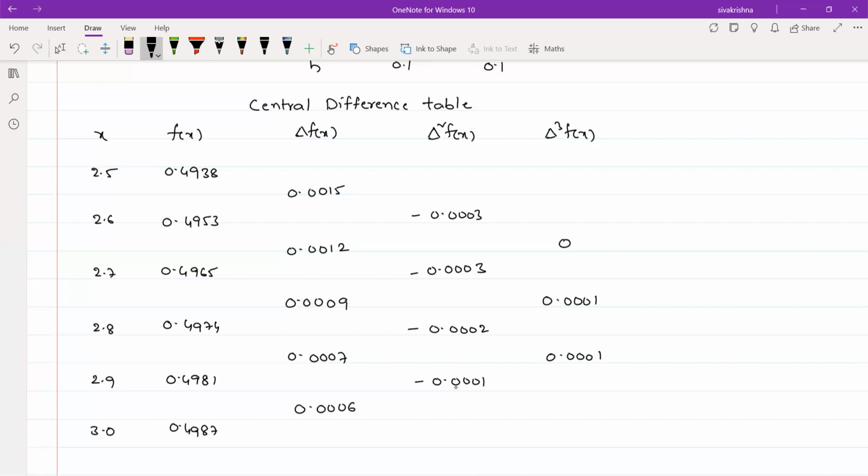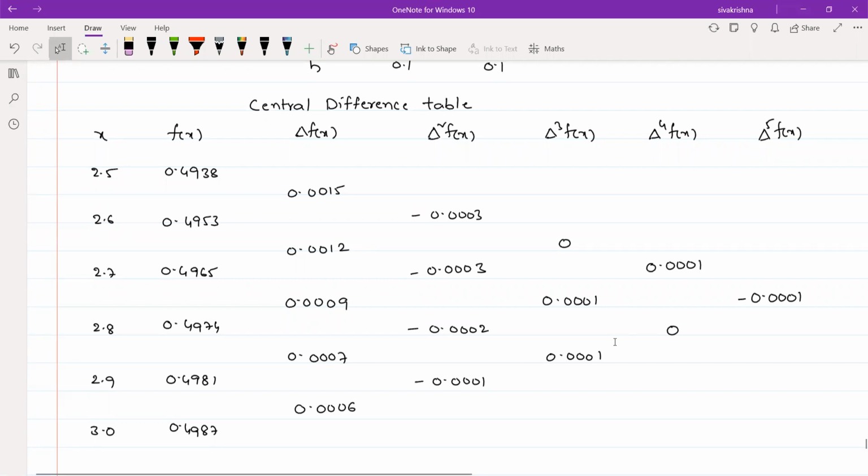Okay, these are the third differences. Coming to the fourth differences, the first one is 0.0001, and the next one is 0. Okay, and coming to the fifth differences, delta power 5 f of x, we get minus 0.0001. Okay, so these are the values in the difference table.